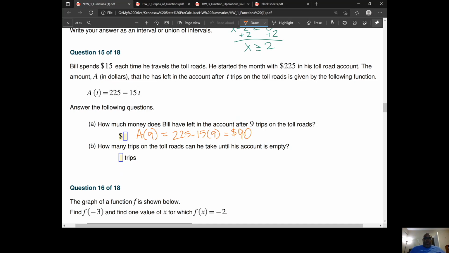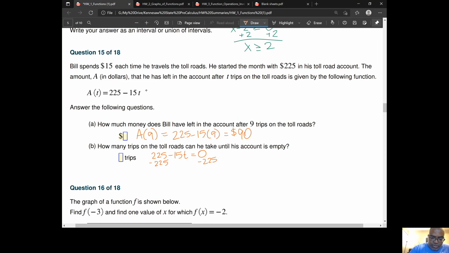Okay. How many trips on the toll roads can he take until his account is empty? Okay, so that means that 225 minus 15t is equal to 0. In other words, there's no money in his account. Let's solve that. Minus 225.